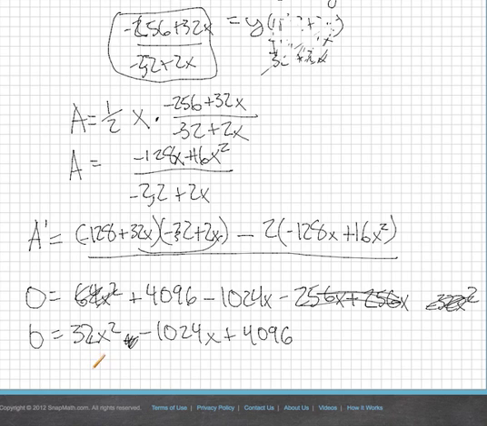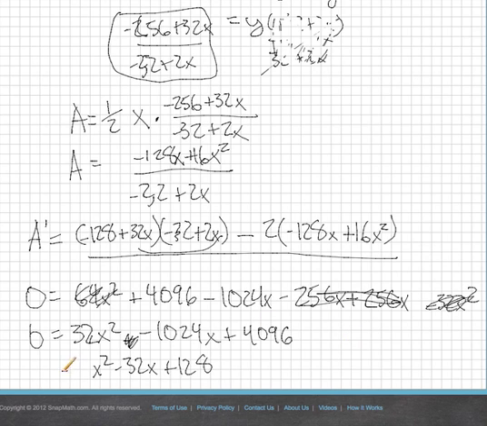So it's going to be x squared minus 32x, and then 496 divided by 32 equals 128. So plus 128.